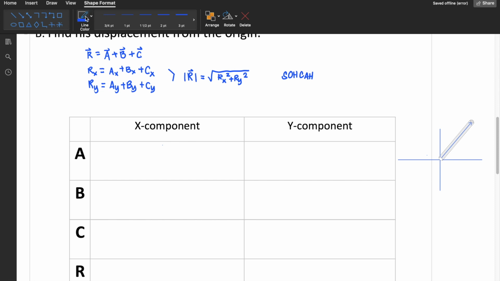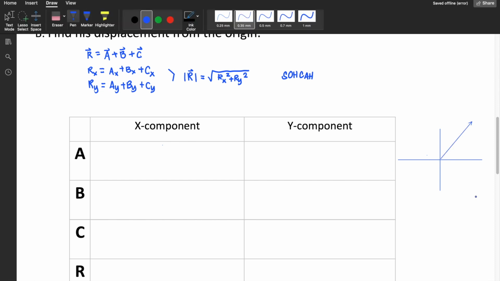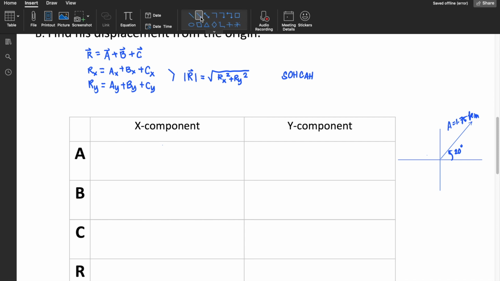This is your A vector having a magnitude of 1.75 kilometers, and its direction is 20 degrees. Using the component method, you enclose the angle into a right triangle.